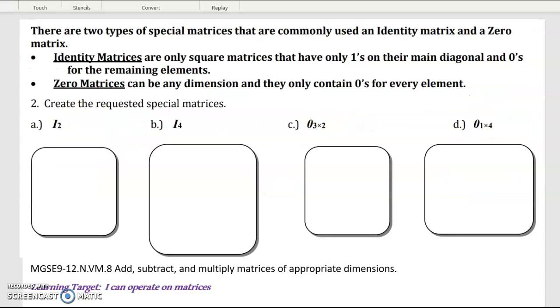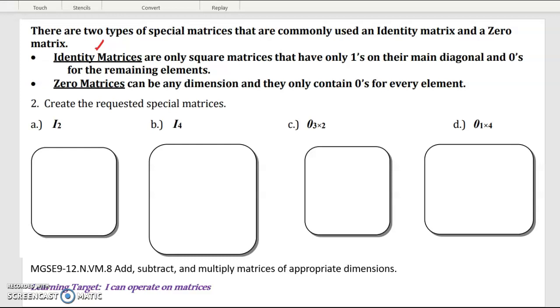A few other details before we start actually operating on matrices. The identity matrix behaves like the number 1. We're going to see that, but if you multiply a matrix by an identity matrix, you get the same matrix back, just like if you multiply a number by 1, you get the same number back.